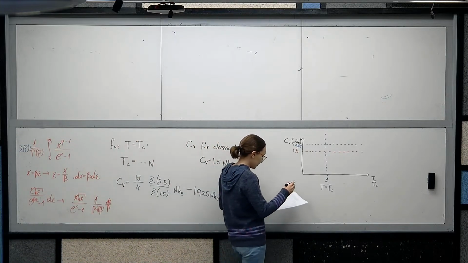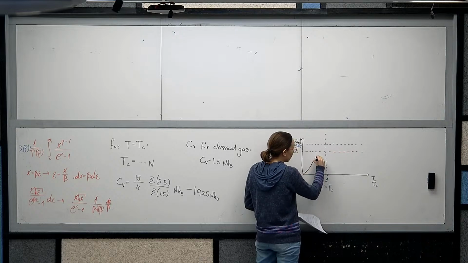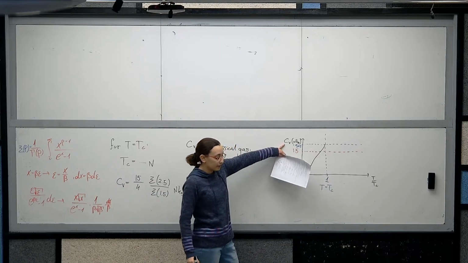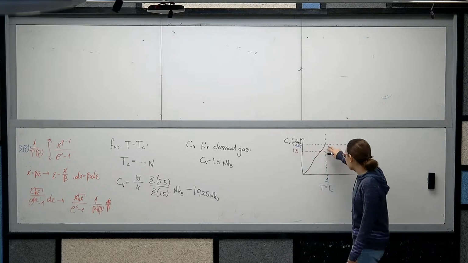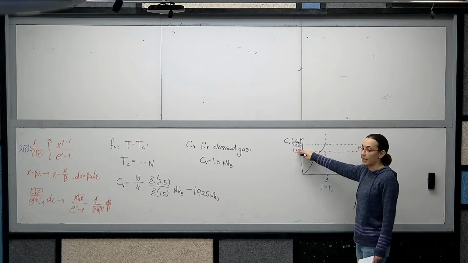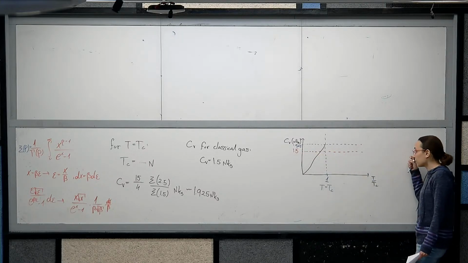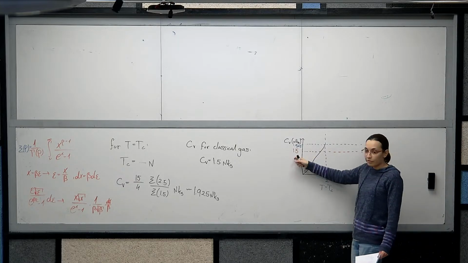So we're starting with the Bose-Einstein condensation gas, getting something like this. The heat capacity is getting greater until at the critical temperature we get to this value of 1.925. And then at high temperatures the behavior goes to 1.5.